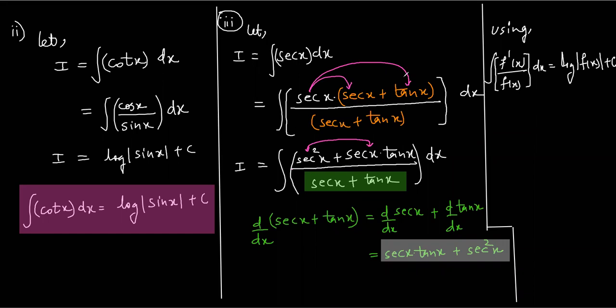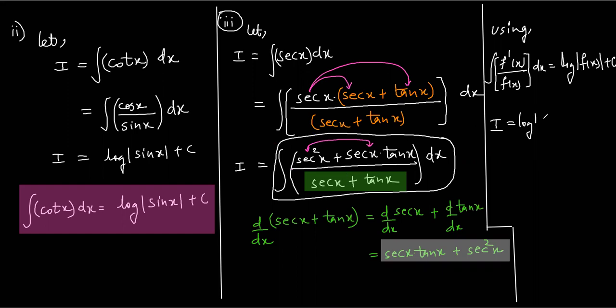So what will I become? Having noticed that the derivative of the denominator is there in the numerator, I apply the result. So I will become equal to log of mod of sec x plus tan x plus c.